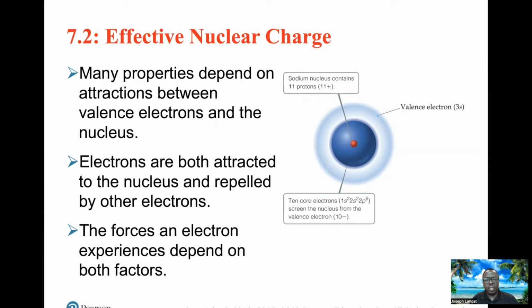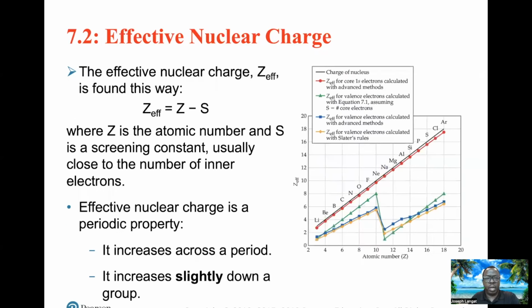Now, the forces acting on that single valence electron are influenced by both factors: the repulsion between electrons and the force of attraction between the protons in the nucleus and that electron.